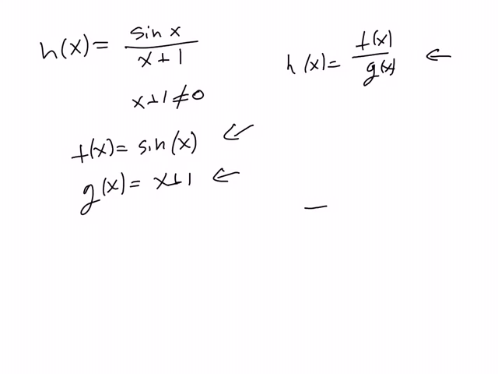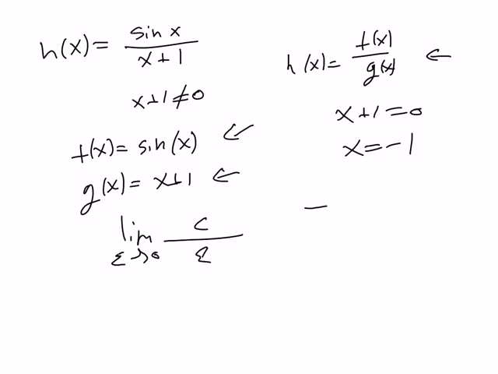Now, when x plus 1 equals 0, or in other words, when x equals negative 1, we have sine of negative 1, which is not 0, it's some constant, divided by something approaching 0, getting closer and closer to 0, or whatever, epsilon, limit as epsilon goes to 0, and this is plus and minus infinity, depending on whether you're approaching from the left or from the right.